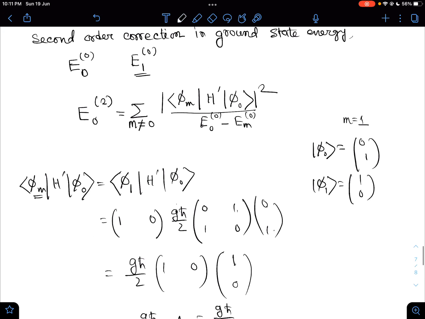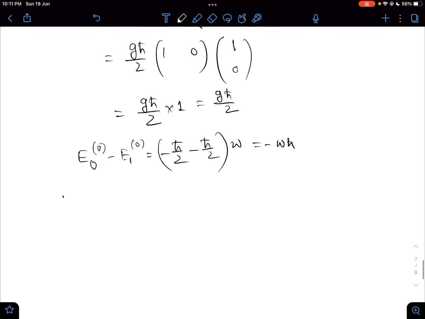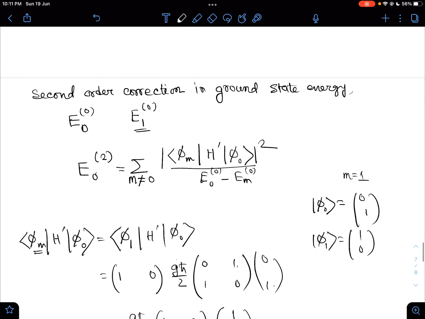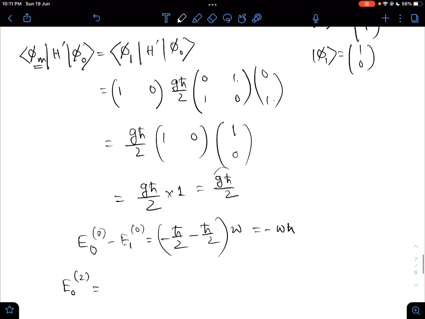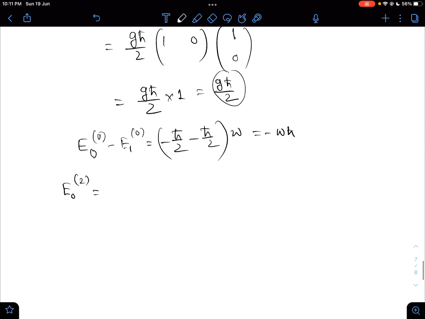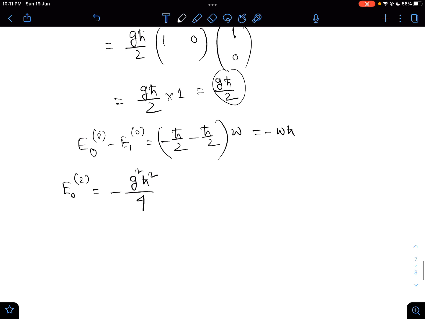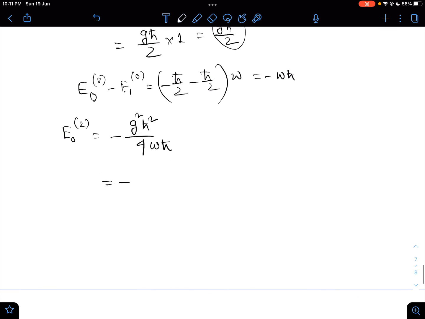So for the second order correction in the ground state, the numerator will be squared, so g squared h cut squared by 4, and we have to divide this by minus omega h cut. So we are getting minus g squared by 4 omega h cut. So this is our second order correction.